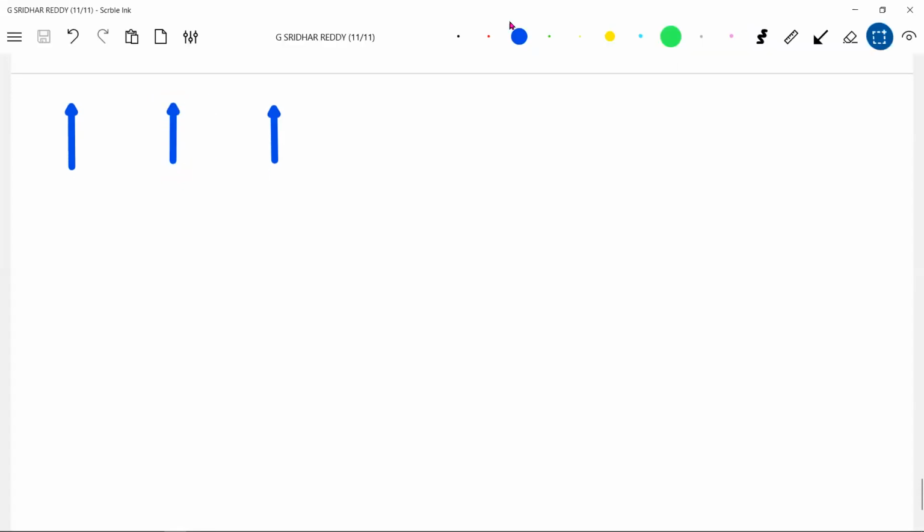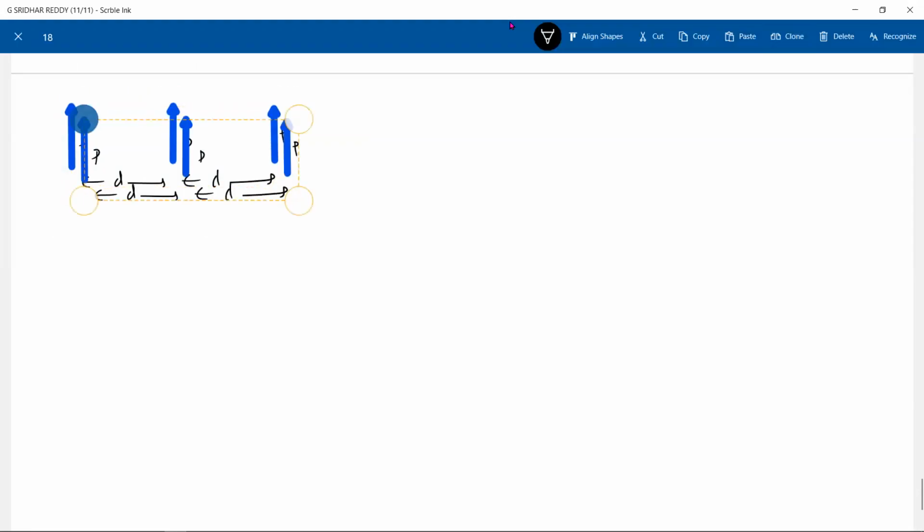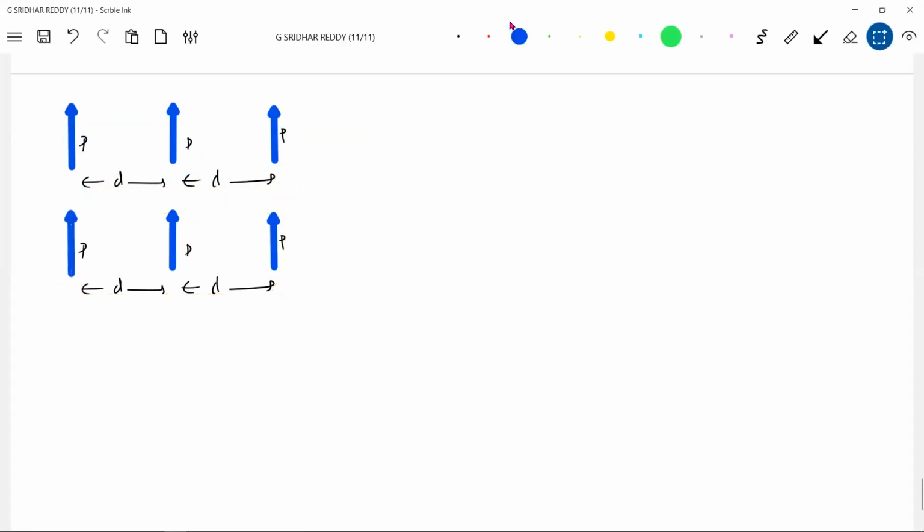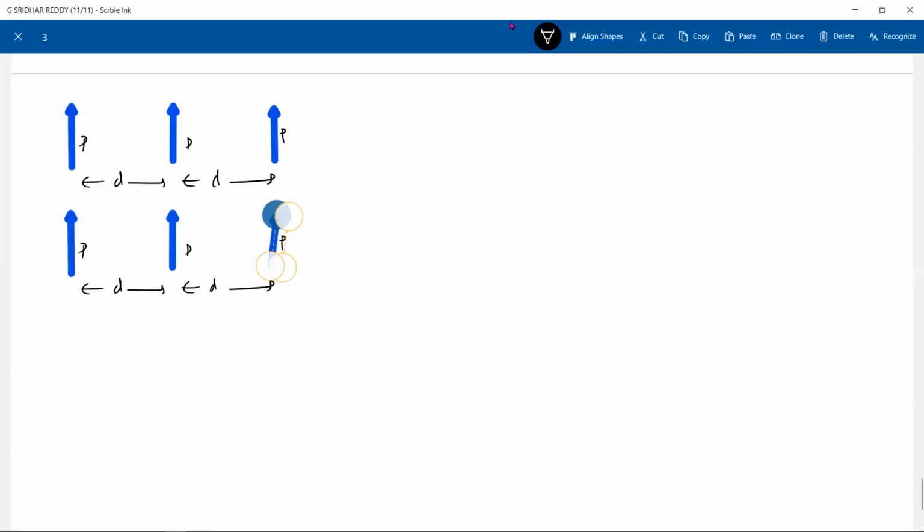The separation between them is D. What will the external agent do? It will come and rotate one of the dipoles, with the separation between them remaining the same. Can we rotate? Yeah.